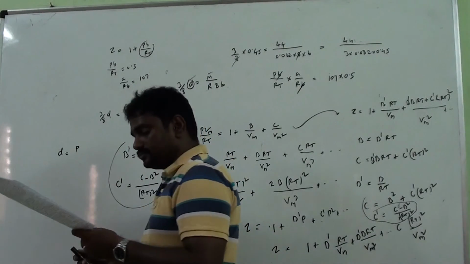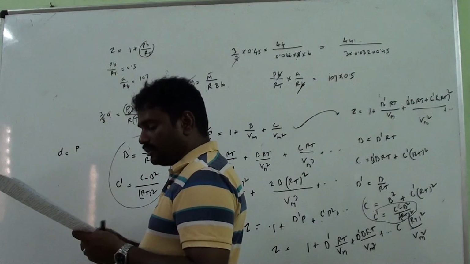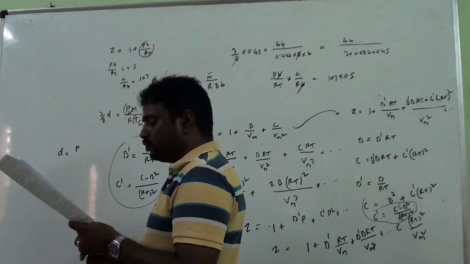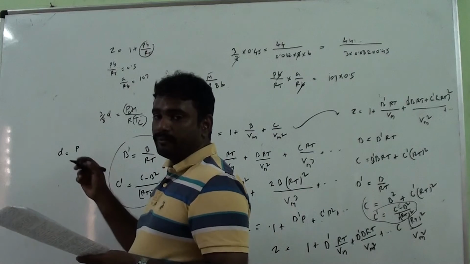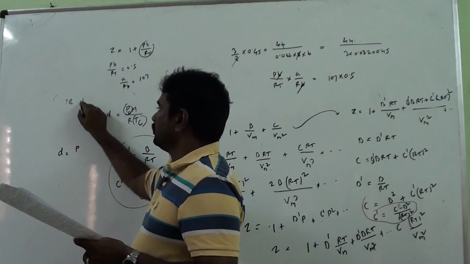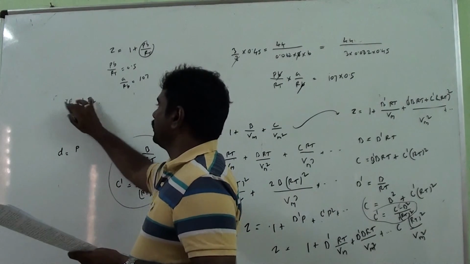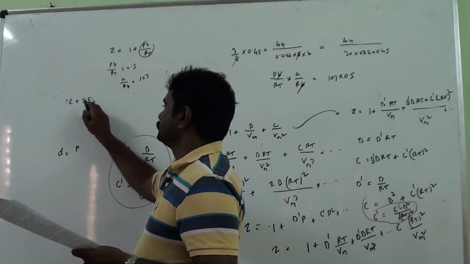A sample of fluorine gas and xenon gas are mixed in a container of fixed volume. Pressure is directly proportional to the number of moles. Here we have xenon plus F2, which will combine to form XeF2.